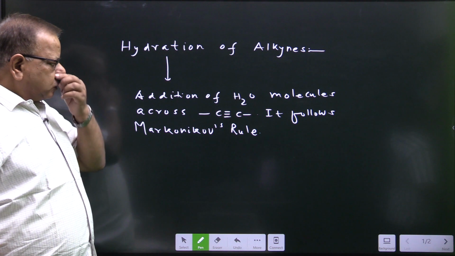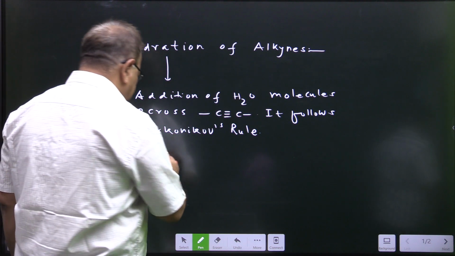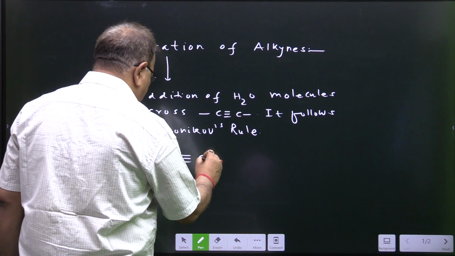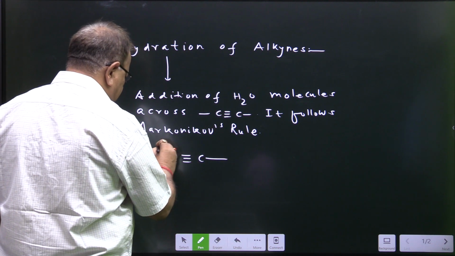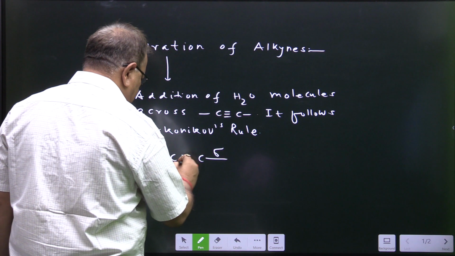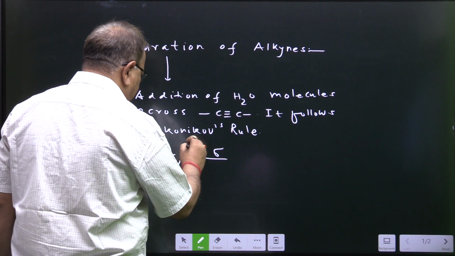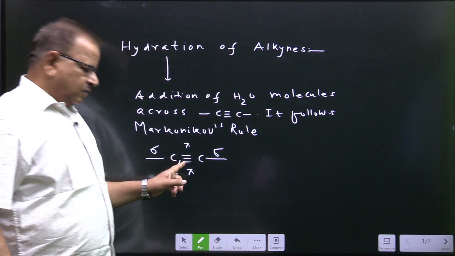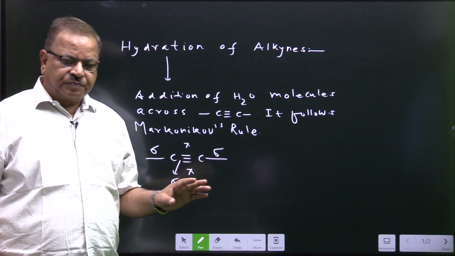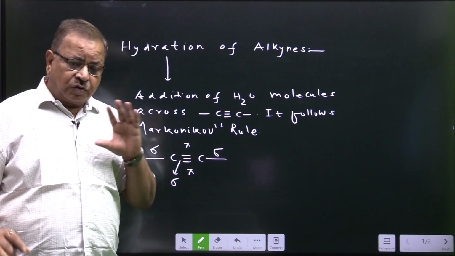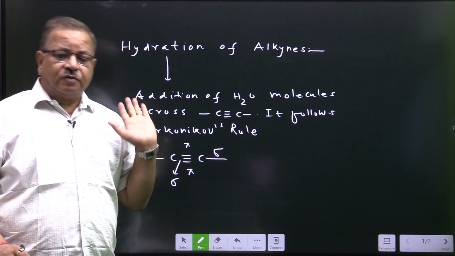Now, regarding the addition of H2O, in the case of alkynes, there is one sigma bond and there are two pi bonds between the two carbon atoms. The bond order between the two carbon atoms is 3. Out of 3, 1 is sigma and 2 are pi bonds. And we know that sigma bonds are stronger than pi bonds.